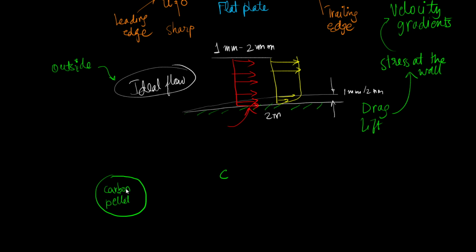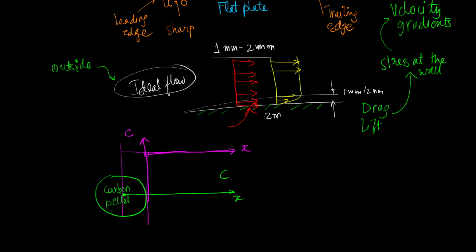Carbon pellets have a great adsorption property. So if I plot the concentration over distance like this, initially the concentration everywhere is C, but very close to the surface of the carbon pellet. In fact, let me draw it from this point. Let me call this X, and this axis is C.